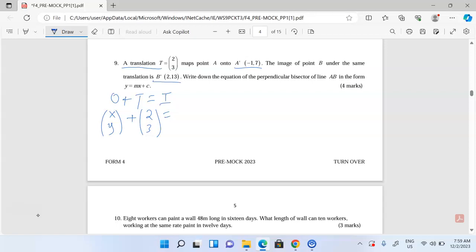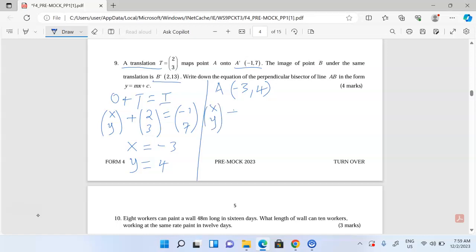This one is giving us an image of (-1, 7). Therefore, we can remain with x. When we take 2 to the other side, that becomes negative 3. We can also get y. When we take 3 to the other side, this becomes 4. Therefore, the coordinates of A are (-3, 4).